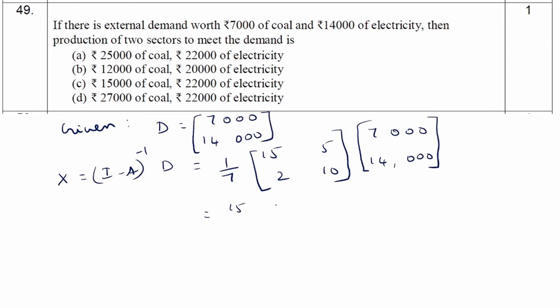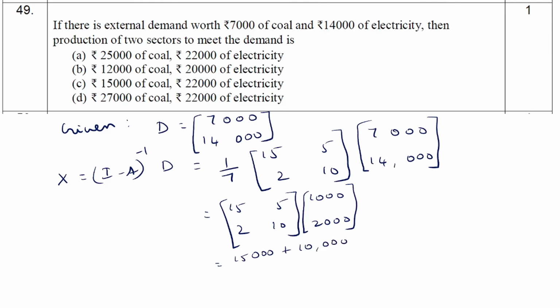So this is equal to 15, 5, 2, 10 into 1,000, 2,000. If we simplify this, we get 15 into 1,000 plus 5 into 2,000, then 2 into 1,000 plus 10 into 2,000. So this is equal to 25,000 and 22,000.